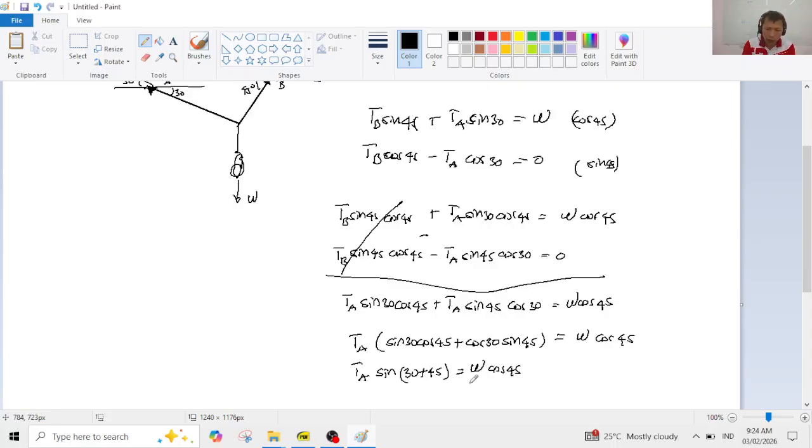So TA is equal to W cosine 45 all over sine 75. Cosine 45 divided by sine 75.